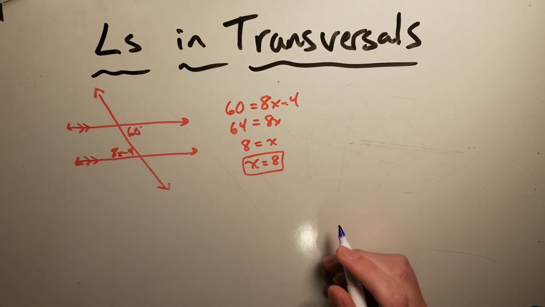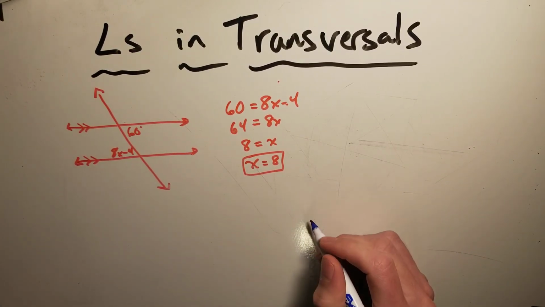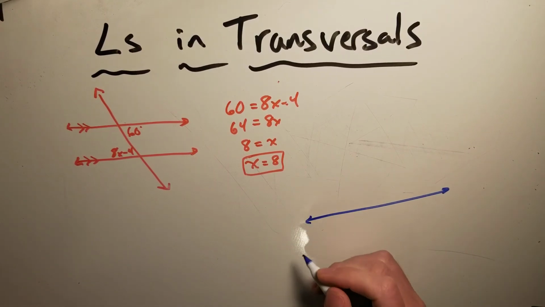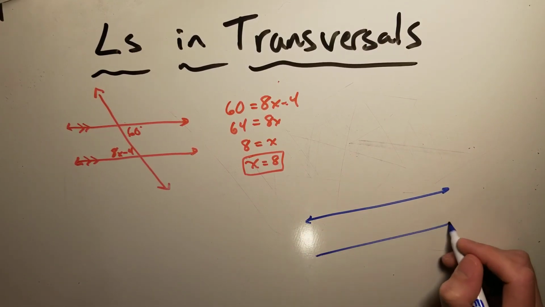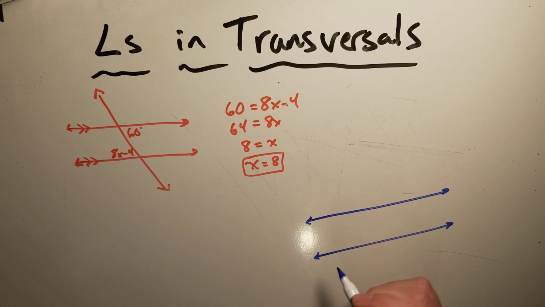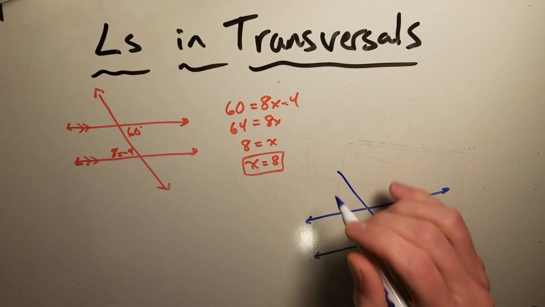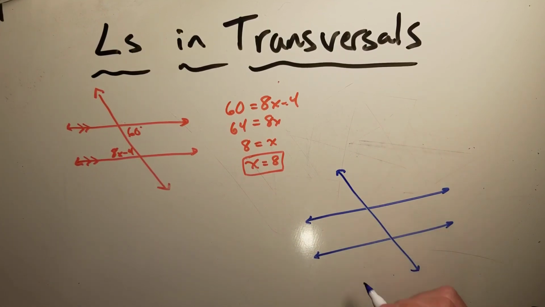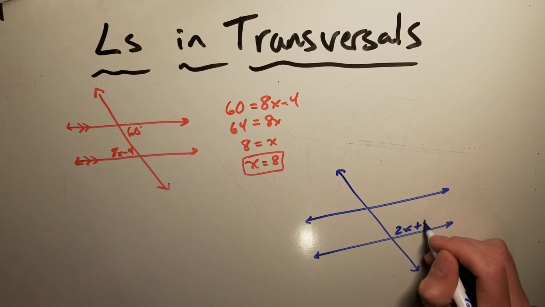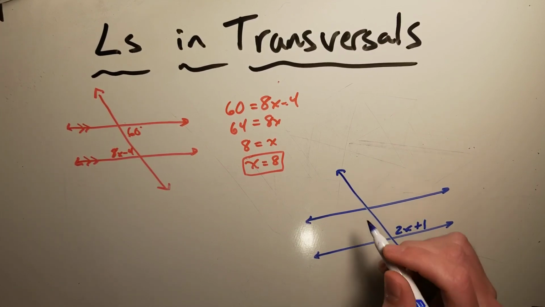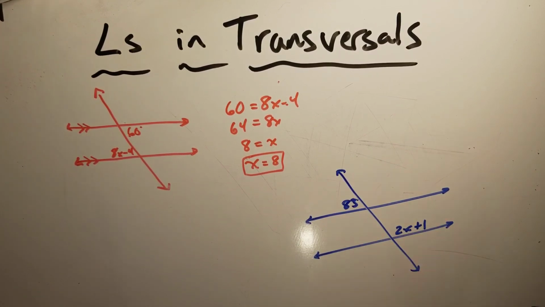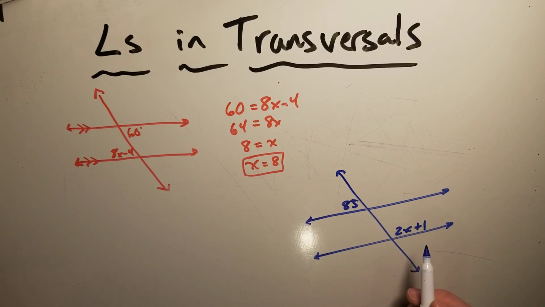Our next one, we have these 2 lines, and a transversal going through them. We have this angle is 2x plus 1, and this angle up here is 83. Now if we look at the angles that were given, there's no relationship between these 2 angles.